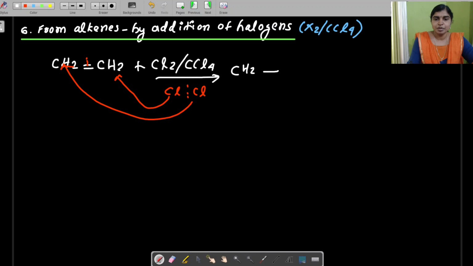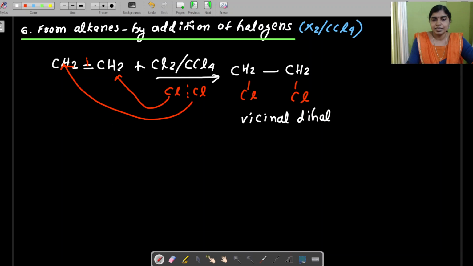CH2, this becomes single bonded CH2. And what about the position of the chlorine? One chlorine is attached here and the second chlorine here. And if the chlorine atoms are in adjacent positions, they are generally known as vicinal dihalides.